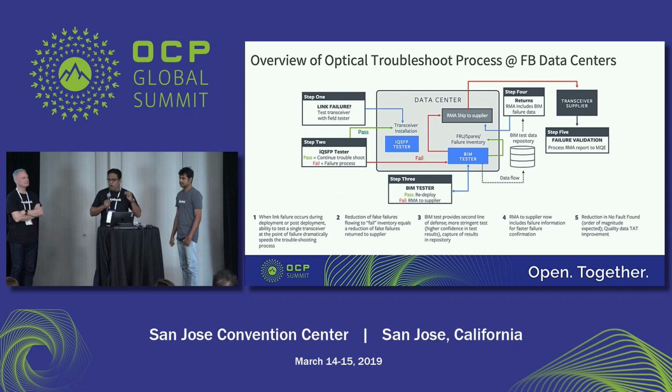All the failure information is going to the database so that we can track them properly moving forward. And when we ship these units to the supplier, we can give them enough information on why it failed. Is it for channel 1? Is it for channel 2? Or is it some bias issue? Or is it some software or firmware issue? All this information we will get from this methodology.